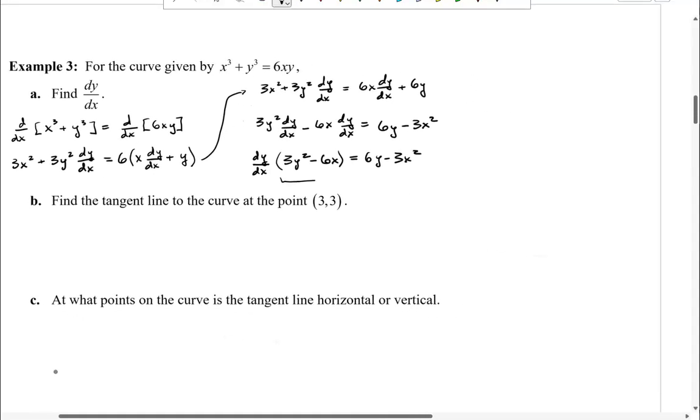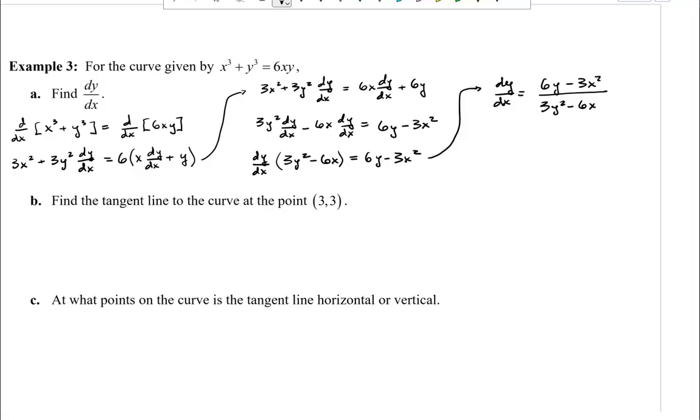Divide both sides by this factor here to isolate dy dx. And finally, we can factor out a 3 from the numerator and denominator and then cancel. That's going to leave us with 2y minus x squared over y squared minus 2x.